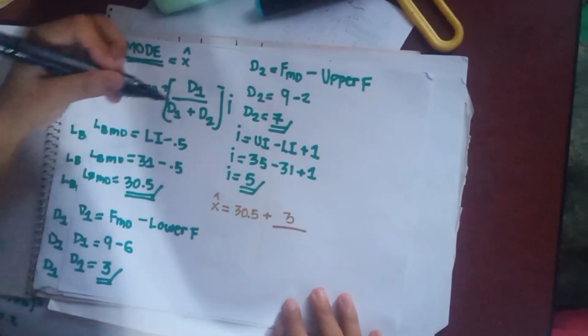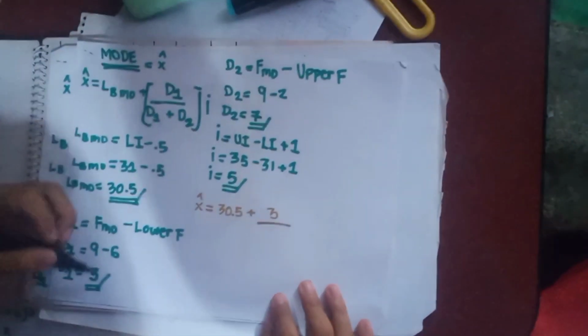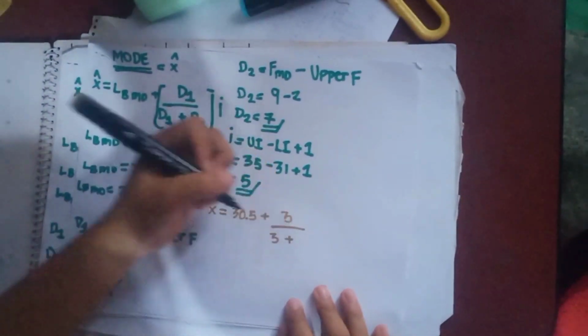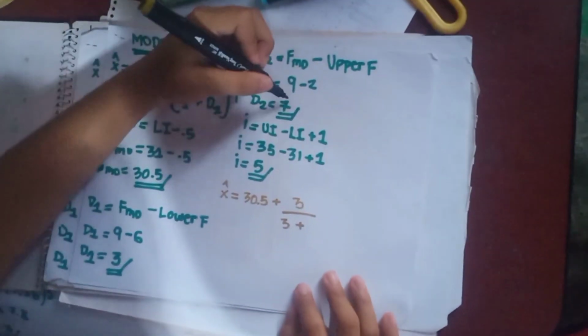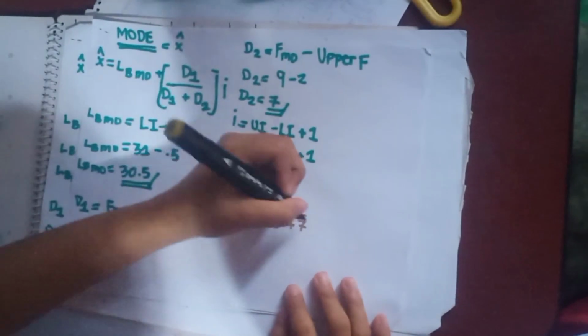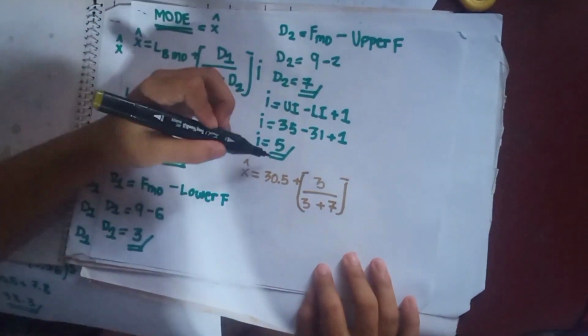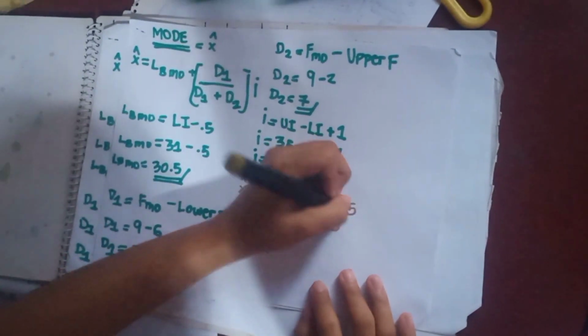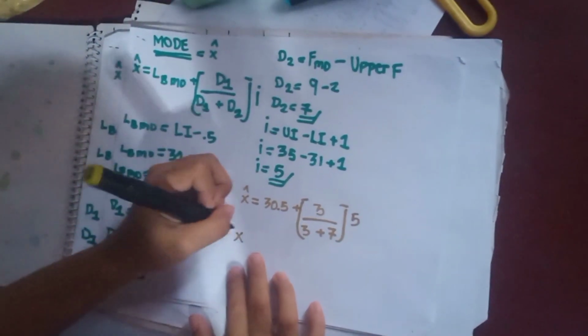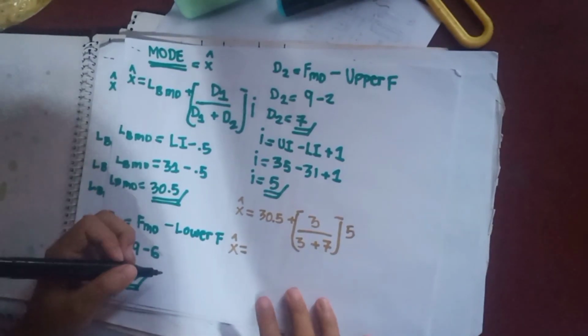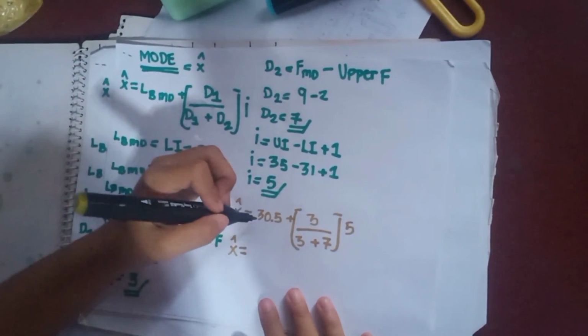So we will divide it to D1, which is 3, plus our D2, 7, and multiply it to our interval, which is 5. So the next thing that we had to do is to solve all the value inside the closed parentheses.